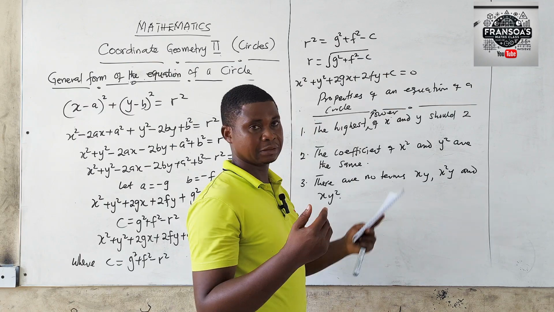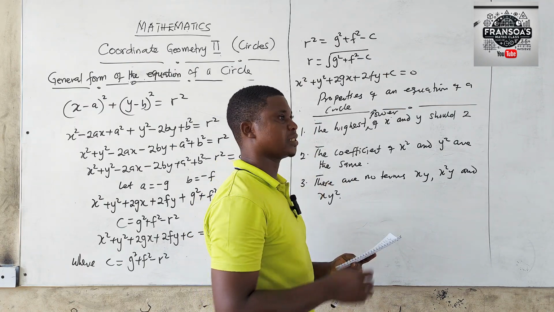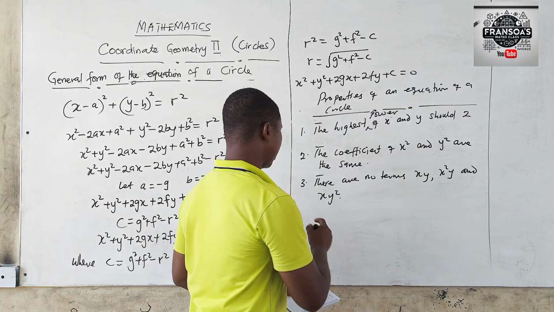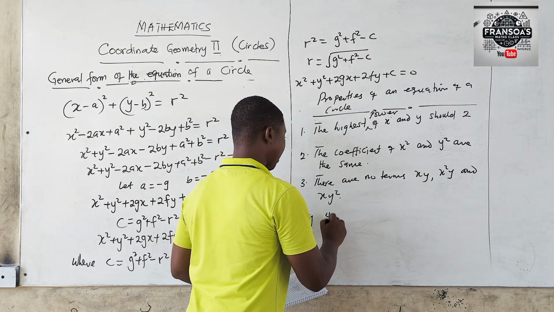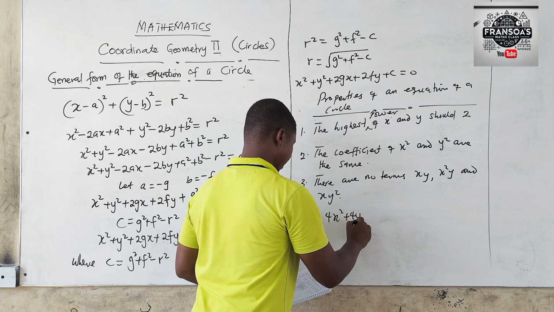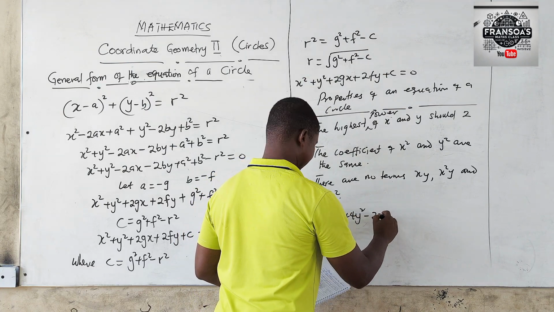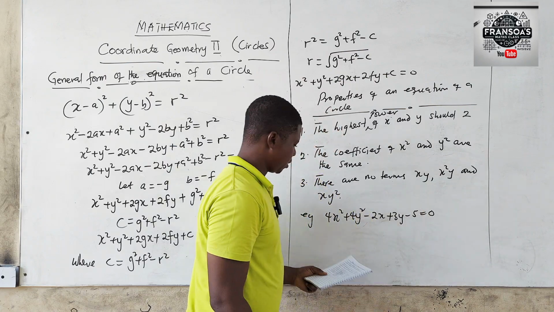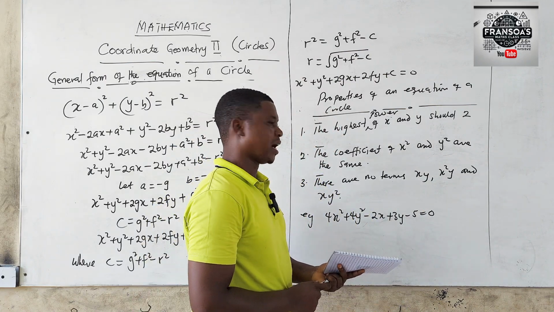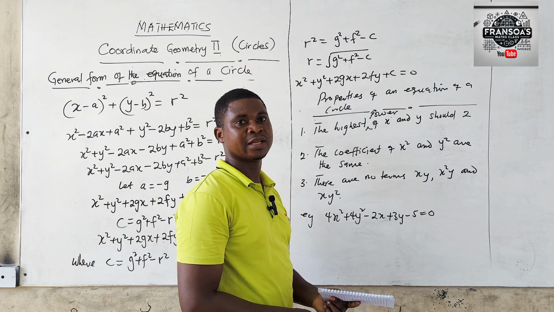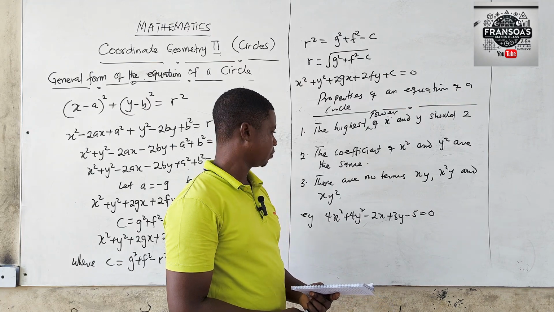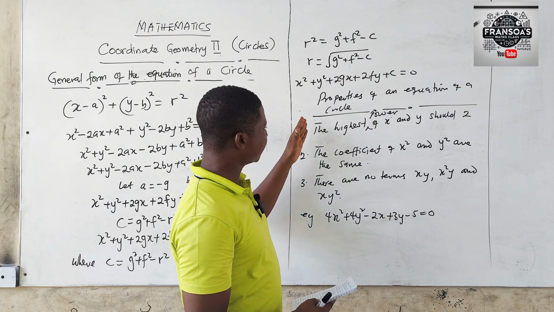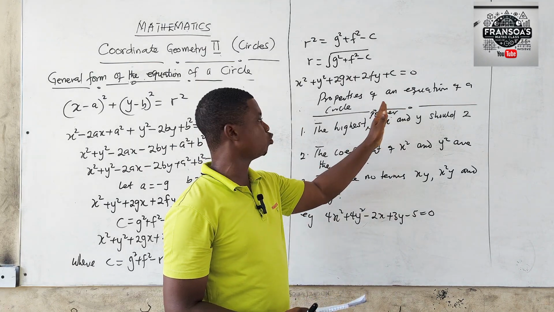Let's find out if some equations are equations of a circle. For example, when you have 4x squared plus 4y squared minus 2x plus 3y minus 5 equal to 0. Can we say that this equation is an equation of a circle? Let's analyze it based on the properties that we have. We are saying that the highest power of x and y should be 2.